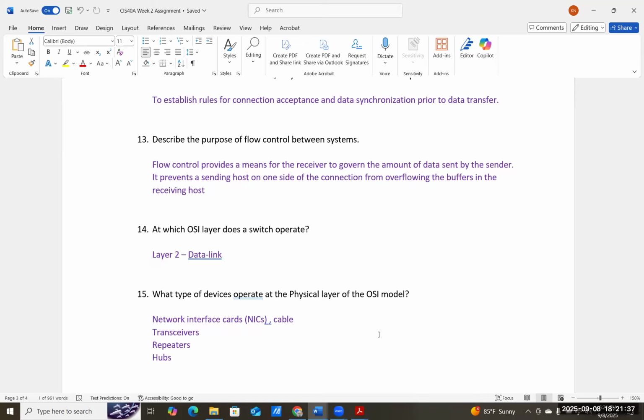What happens at the physical layer? Well, your network adapter, your network interface card, your NIC, functions there because it receives data bit by bit, in 0s and 1s. Your cable is the media that sends the 0s and 1s, the bits.